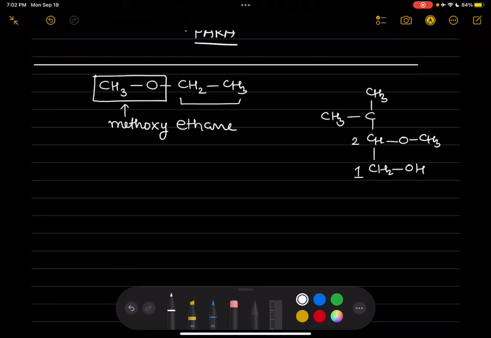And this is the principal functional group: 1, 2, 3, and 4. Butane. Butane-1-ol. 3-methyl butanol.